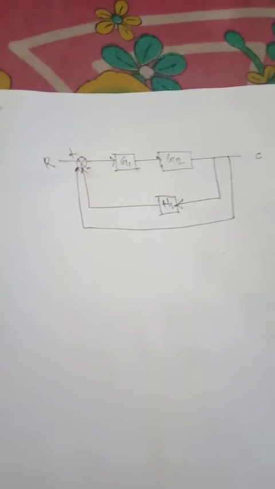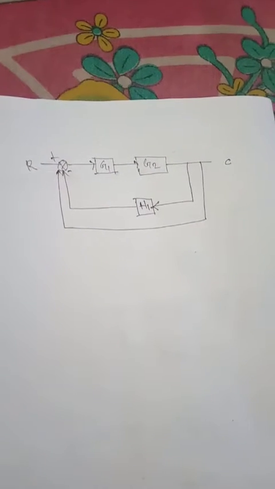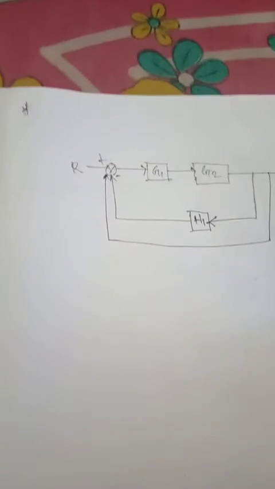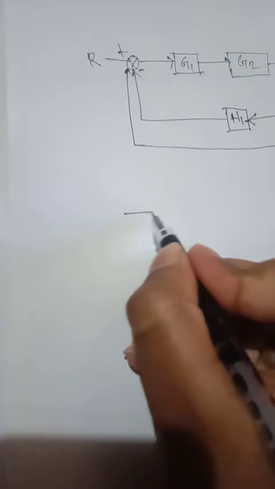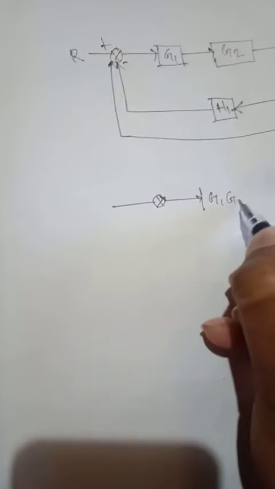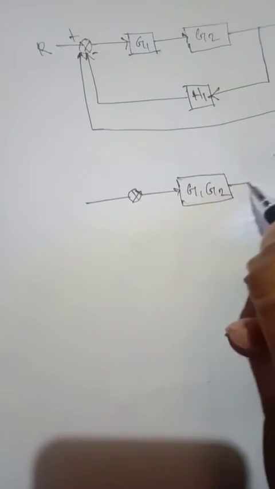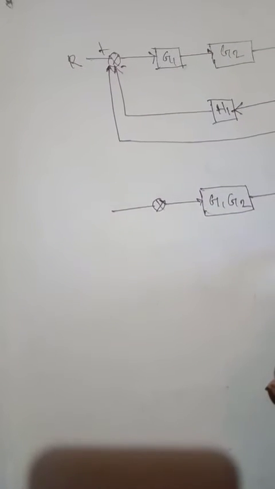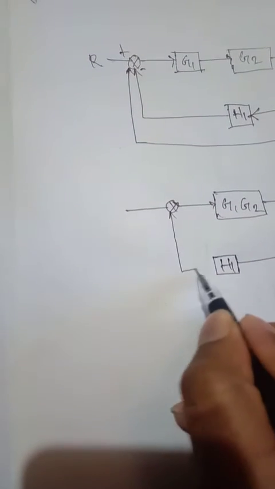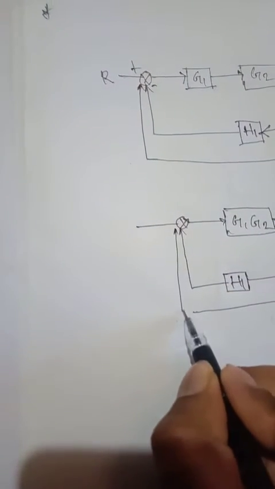We take the same procedure. Because the transfer functions G1 and G2 are connected in series, G1 is multiplied with G2, giving G1 into G2, and the feedback element H1, with another feedback path without a feedback element.